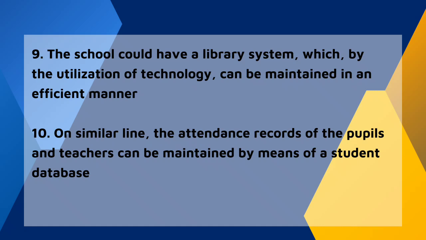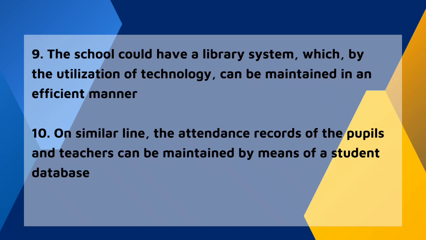So a library as a system is a subsystem of some supersystem or an organization in any field, whether education, research, or social service. And it means a technologically advanced library system efficiently manages and organizes information resources. It enables easy cataloging, retrieval, and circulation of books and other materials. So this system supports the library's role in providing accessible and organized information to students and of course to the staffs.